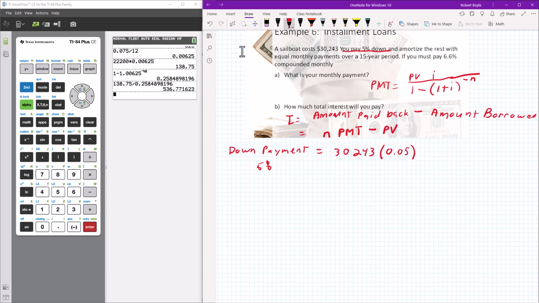And what will that give you? Well, let's go ahead and find out. 30,243 times 0.05. That gives me $1,512.15.